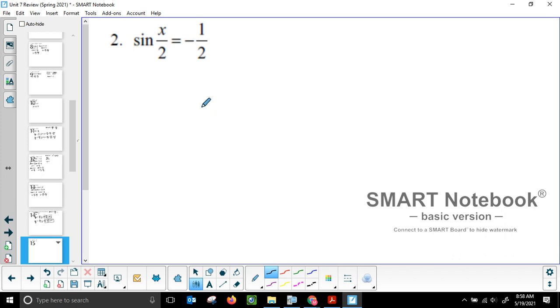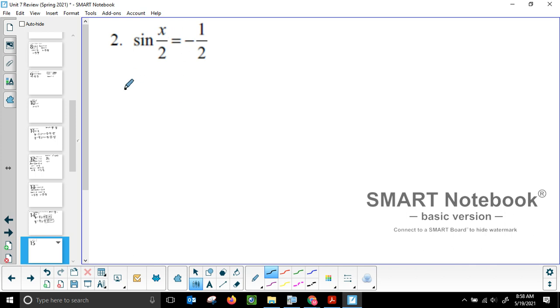All right, same concept here. Don't bother about this 2 here. I can't stress this enough. You cannot multiply this by 2. That's not how the trig functions work. Students try to multiply it by 2 to undo it. You cannot do that.